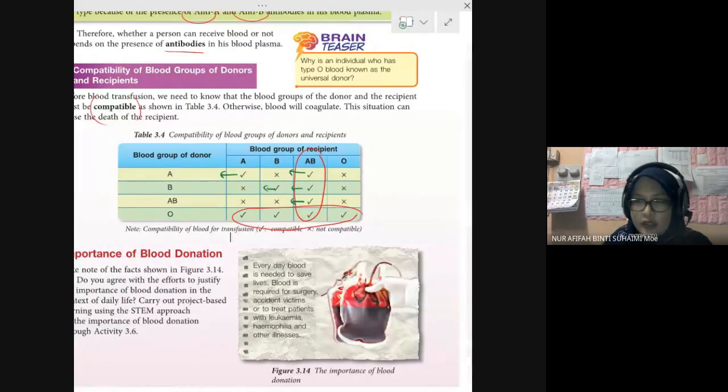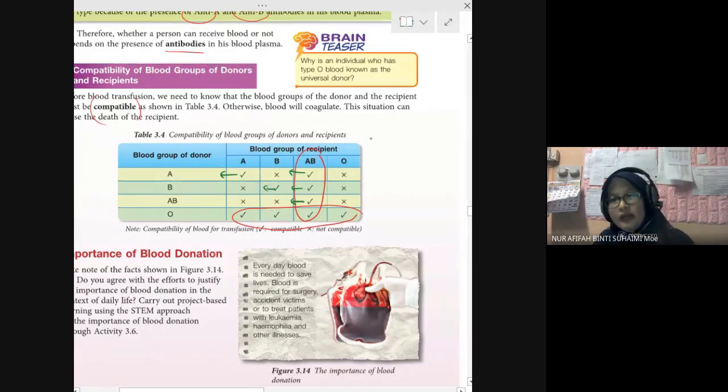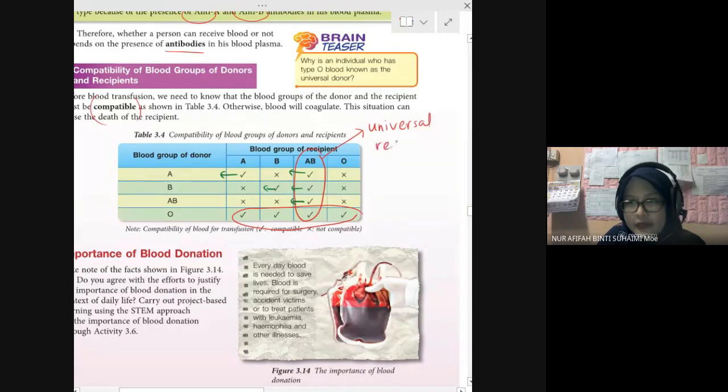If you see the table here, the universal recipient is the blood group that receives from all the blood groups of donor. Okay, so AB is considered as the universal recipient, because it can receive from all of the blood groups. A, B, AB and O can donate to AB.